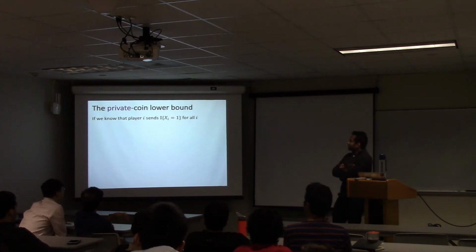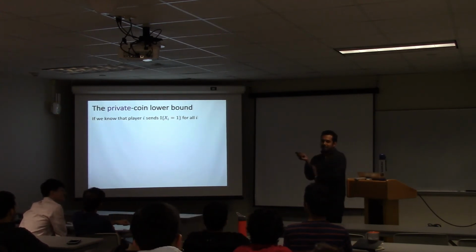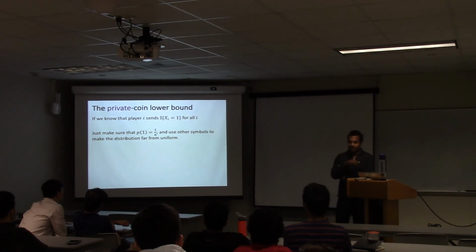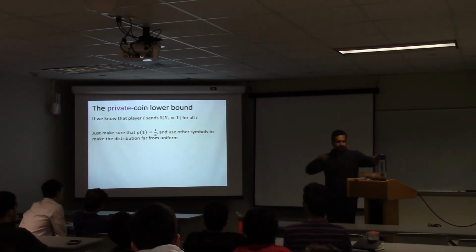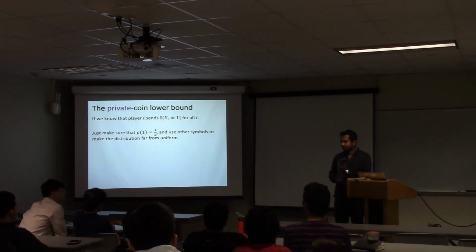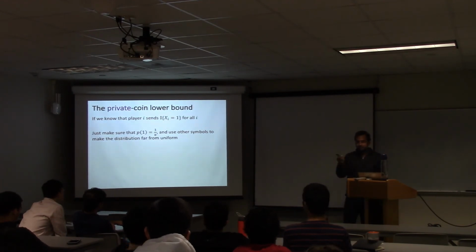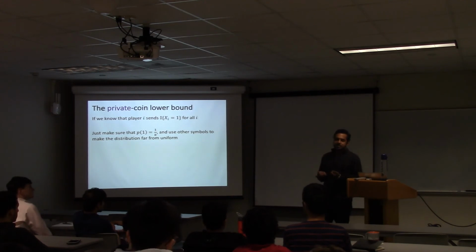If we know that each player is actually going to just send an indicator of whether its sample is 1 or not, what we can do is make sure that P of 1 is 1 over k and make the distribution away from uniform on the rest. That's the rough idea. Now imagine again, if L is just 1 bit, what does each player do?